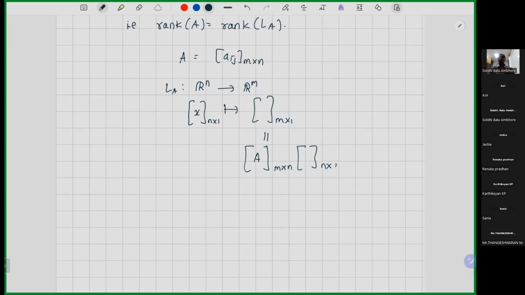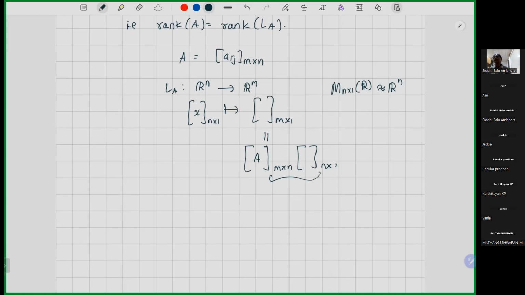So Rn, this N cross 1 is actually seen as equivalent to Rn. Now is it clear? Instead of considering Rn as a tuple, we are looking at it as a matrix, and this is the new matrix which we are getting in M cross N. So this resultant is an M cross 1 matrix.